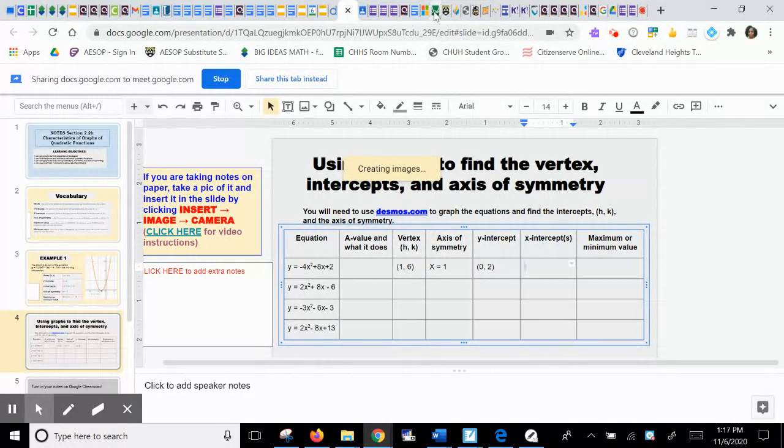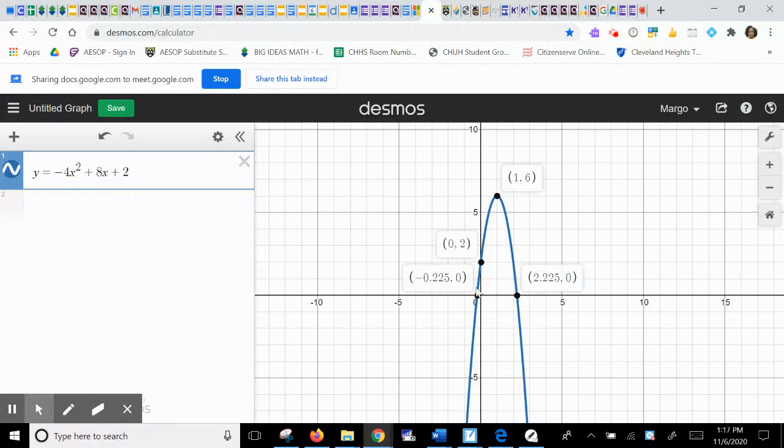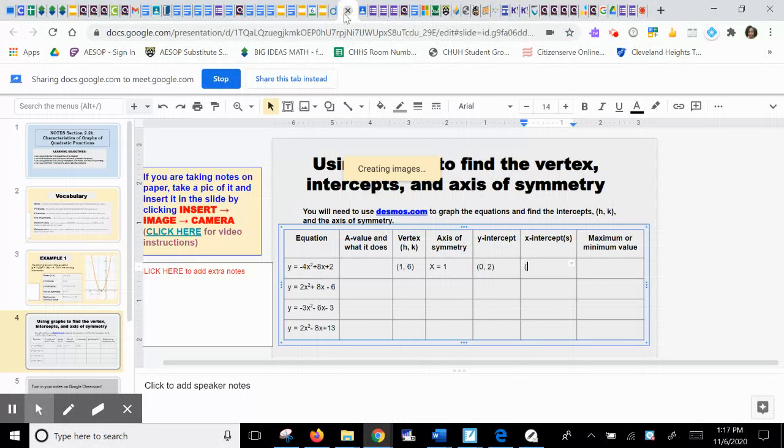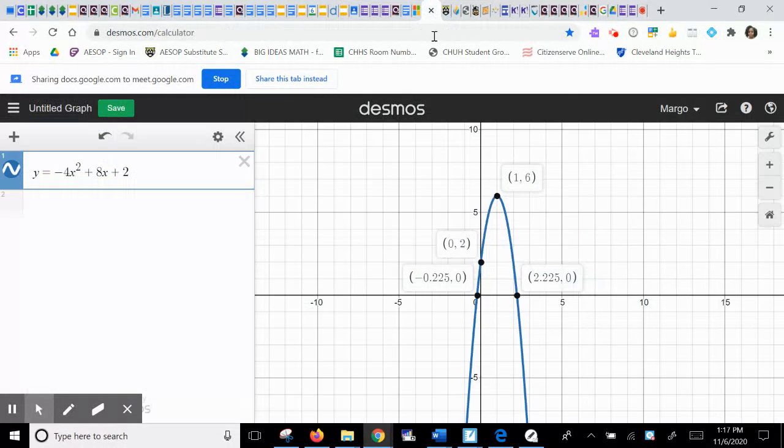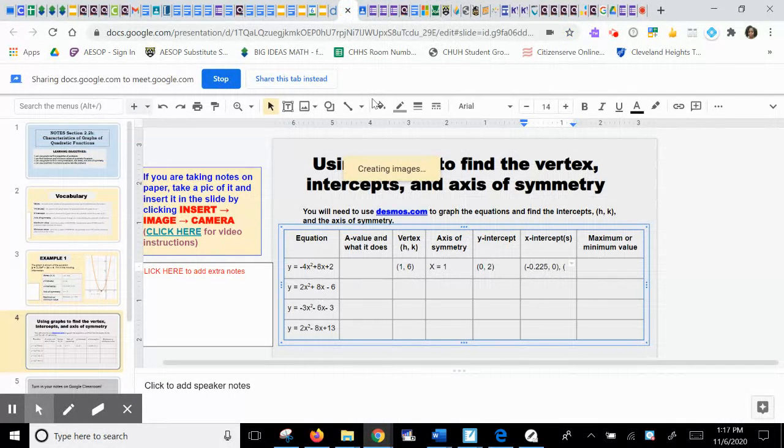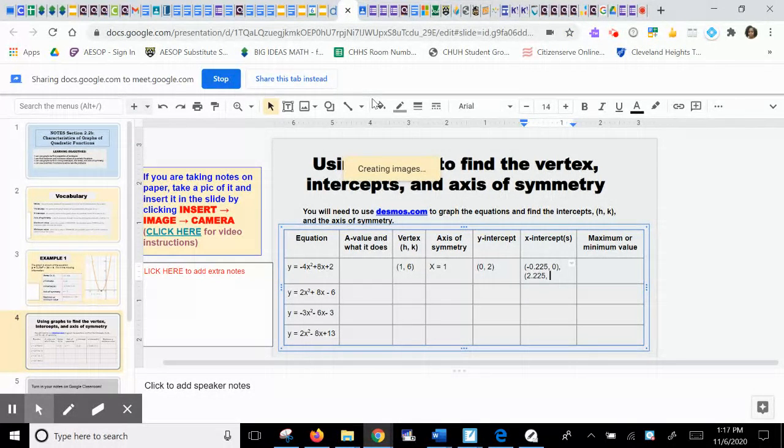X-intercept, so I got two of them. I got (-0.225, 0), and my second x-intercept is (2.225, 0).